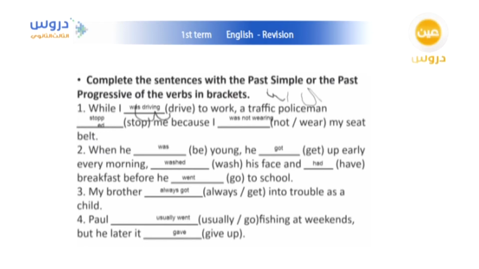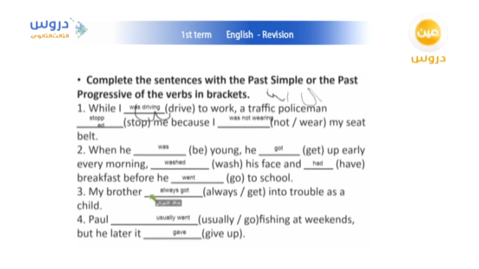It usually comes before the main verb, and also comes after the main verb if the main verb is be, but here the main verb is get, and we talked about the past simple, or the past progressive of the verbs.